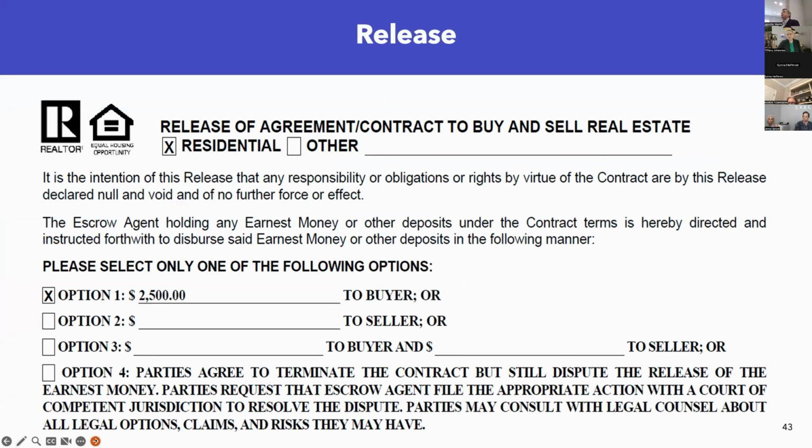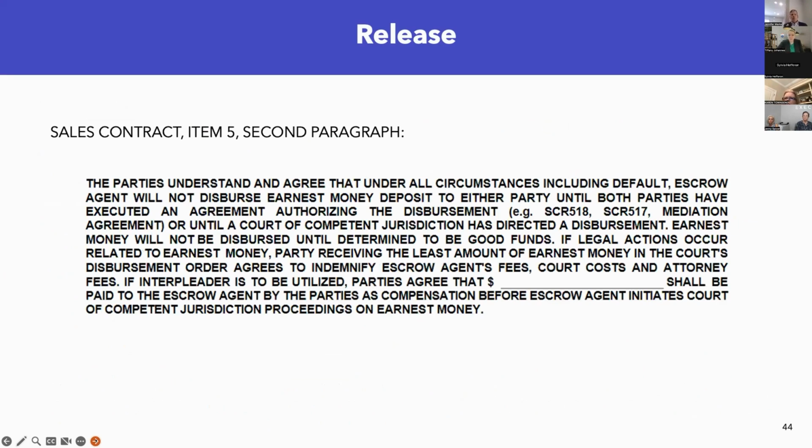A lot of agents write a purchase agreement that says nothing about interpleader. So as we move ahead here and look at it, it's actually right here. This is the sales contract, second paragraph of item 5, that says, hey, if we have to fight over where the earnest money goes, we are going to deposit it with a court to sort out your arguments, and we're going to ask for a fee to be paid out of the earnest money we're fighting over to file that interpleader, okay?